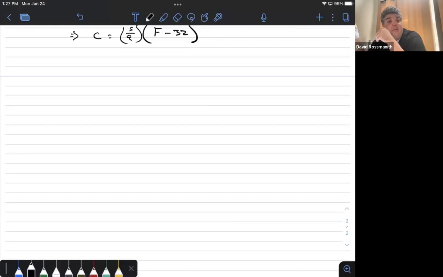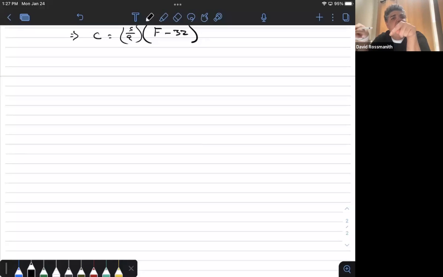If you change by 1 degree Celsius, it's a bigger change in temperature than Fahrenheit. That's why Celsius goes from 0 to 100 and Fahrenheit goes from 32 to 212. There's a bigger range because each little degree of Fahrenheit is very small compared to Celsius. Celsius, if you change, it makes a big difference.